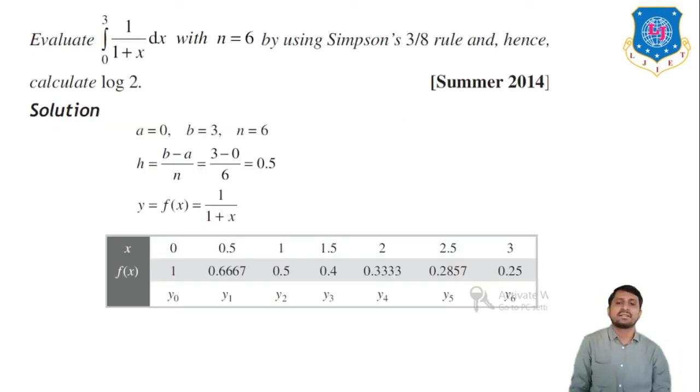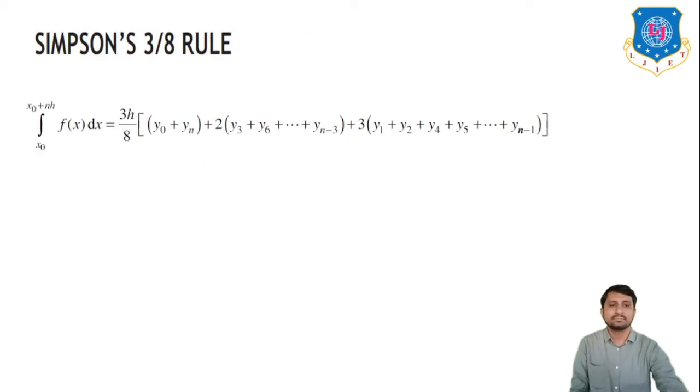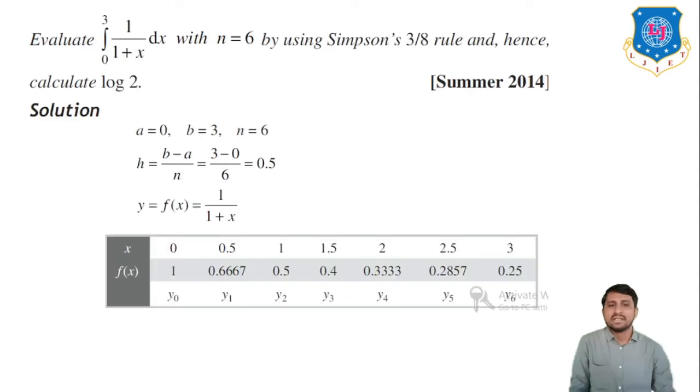Now let's take an example. Integration from 0 to 3 of 1 upon 1 plus x dx with n equal to 6, by using Simpson's 3/8 rule, and hence calculate log 2.